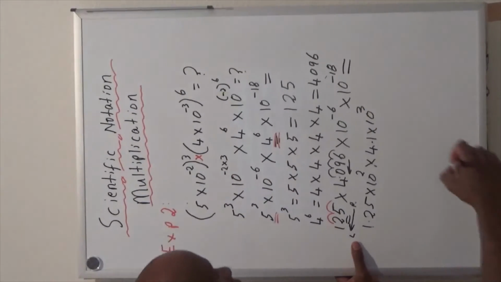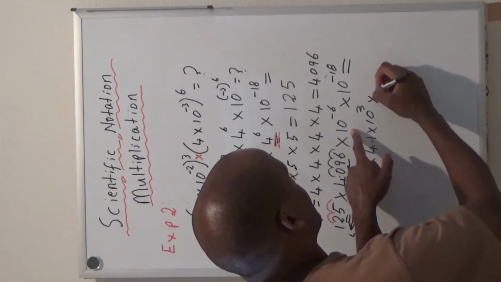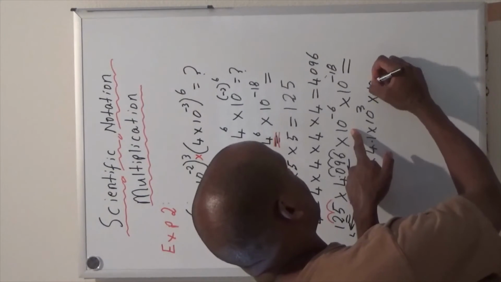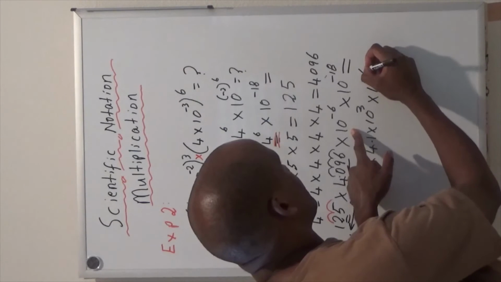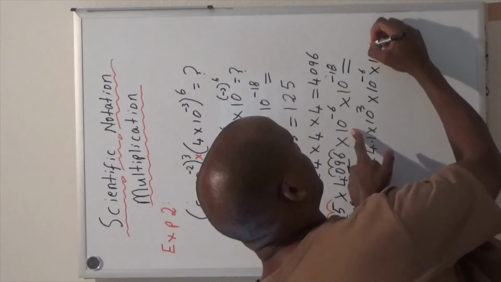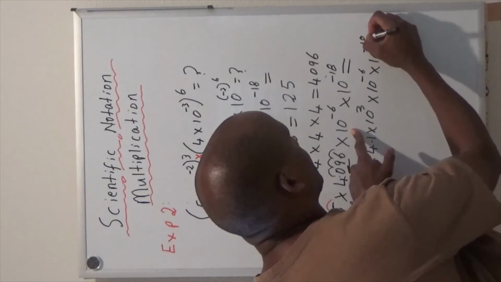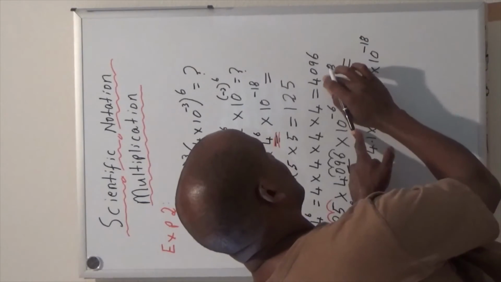Right. Then I write the rest, times 10 to the power of minus 6, times 10 to the power of minus 18.